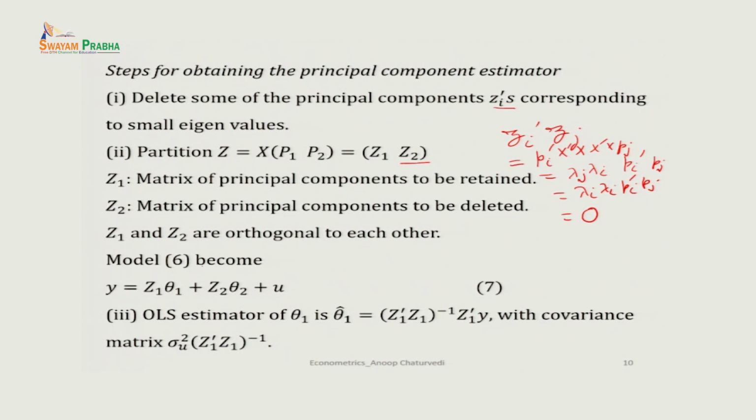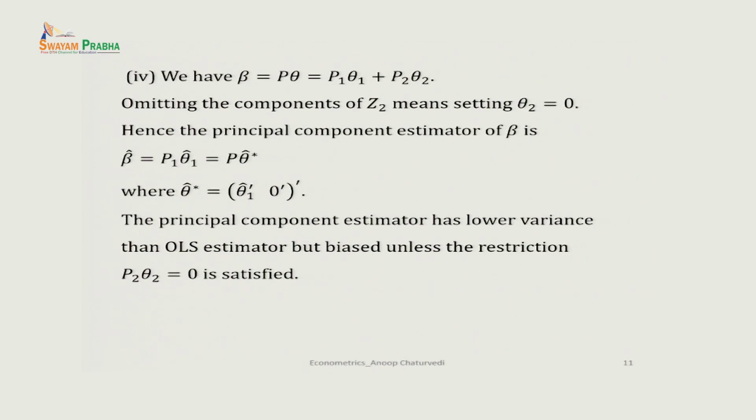Now, we write the model 6 as y equal to Z1 theta1 plus Z2 theta2 plus u. Then the OLS estimator of theta1 is theta1 hat equal to Z1 transpose Z1 inverse Z1 transpose y, and it has the covariance matrix sigma square u Z1 transpose Z1 inverse. Then we have beta equal to P theta.